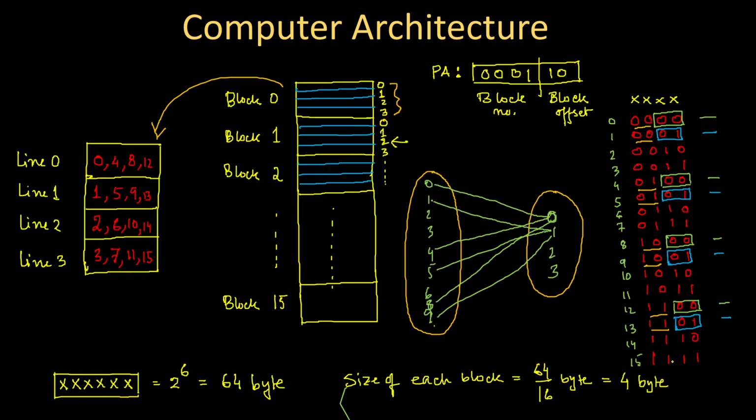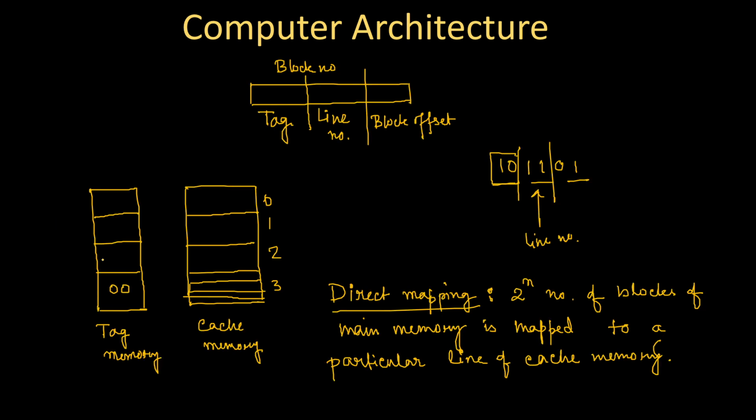Just like we have seen, block 0, block 4, block 8 and block 12 are mapped only to line 0. Similarly, blocks 1, 5, 9 and 13 can be mapped only to line 1, and so on. So this is all about the theory behind direct mapping.